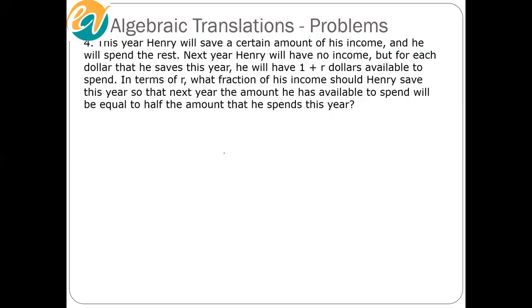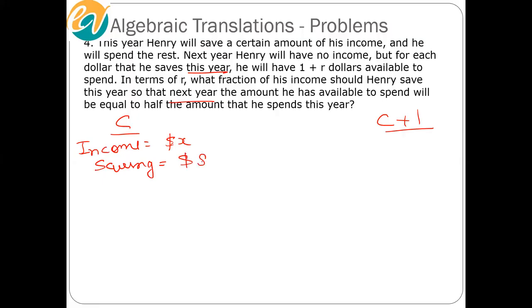So we are obviously talking about this year and next year, right? This year means the current year, and this would be the next year. Suppose that his income this year is $X, and let us say his saving is $S.